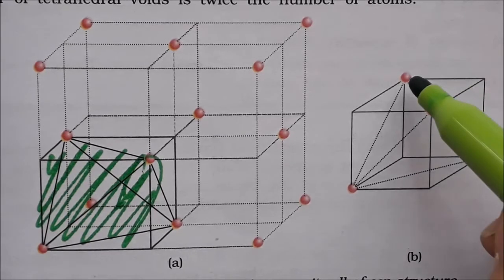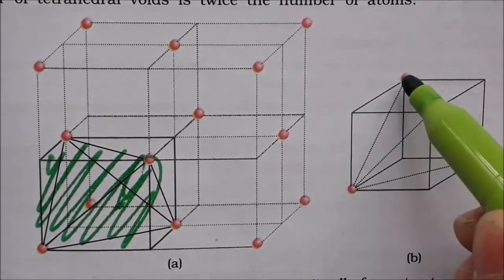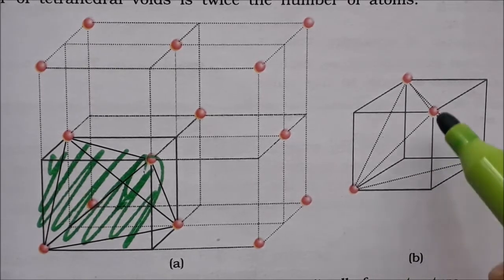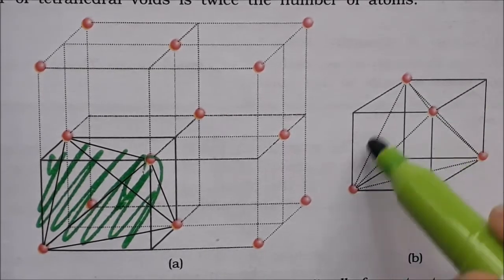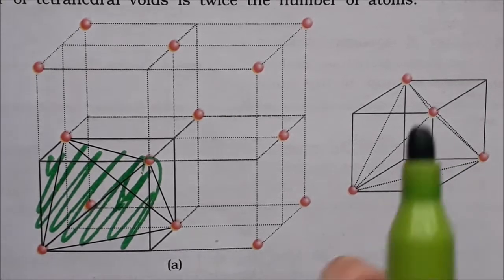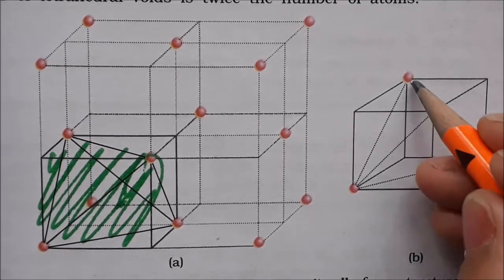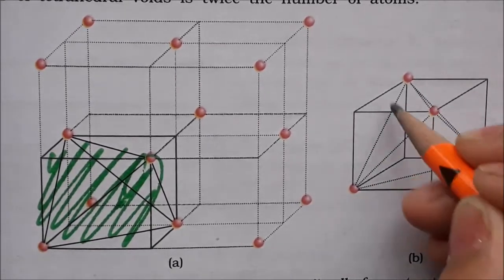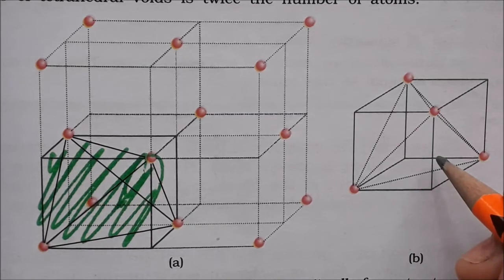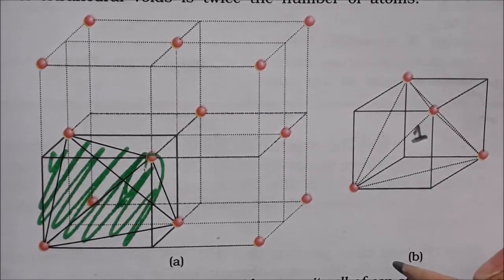Now see, these atoms are lying at the corners of a tetrahedron. So in this subunit cell you get one tetrahedral void. This is a packing of 4 particles lying at tetrahedral corners. So here you will get one tetrahedral void.